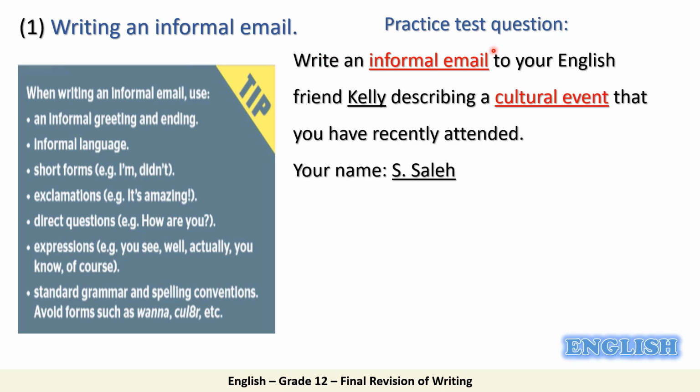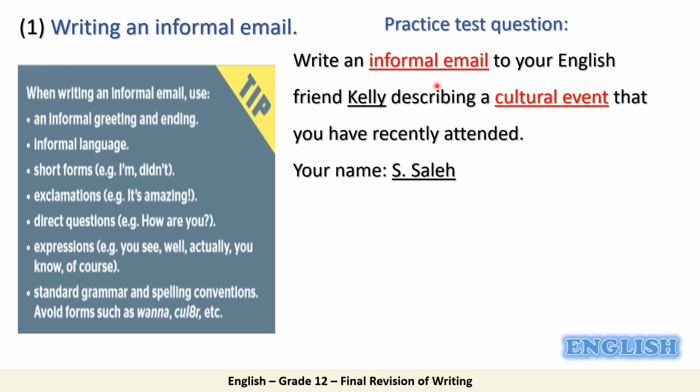In the practice test that you have recently received, you will find this question in the writing section. It reads, write an informal email to your English friend Kelly describing a cultural event that you have recently attended, and your name is S. Saleh. First, you can begin with underlining the key words and phrases which are the informal email.